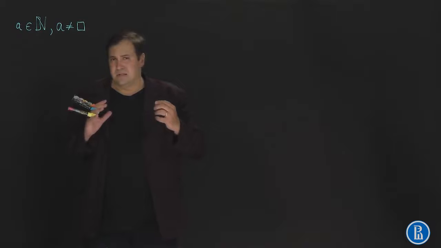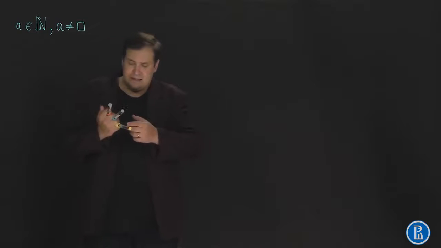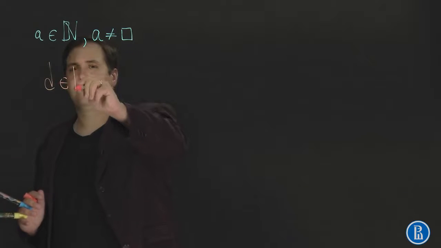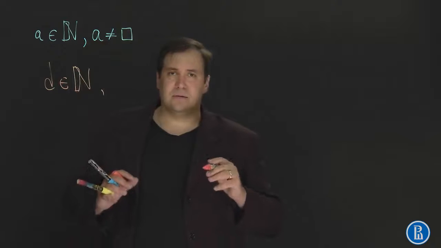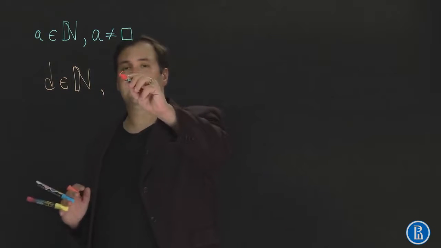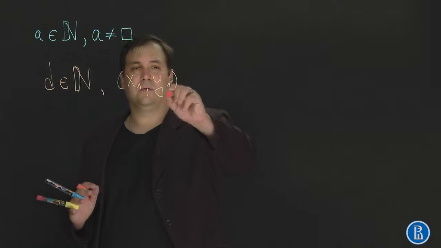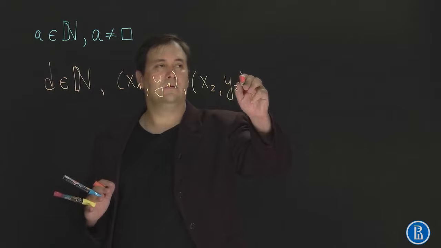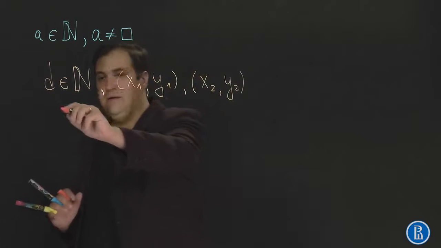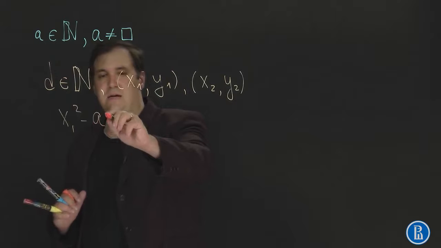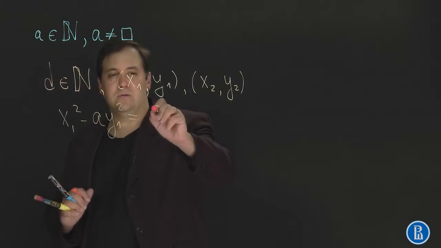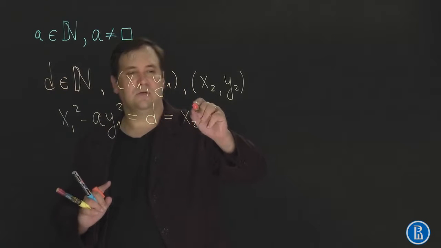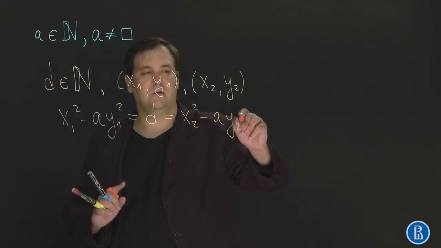From the previous several videos, we know that there exists a positive integer d and two pairs of integers x1, y1 and x2, y2, such that x1 square minus a y1 square is equal to d, and also is x2 square minus a y2 square.